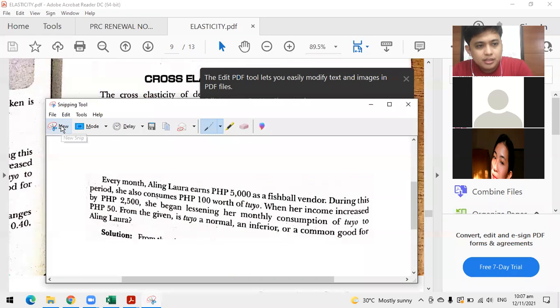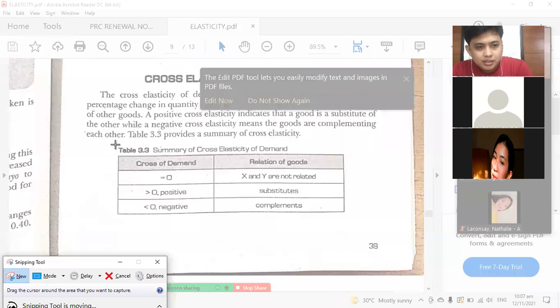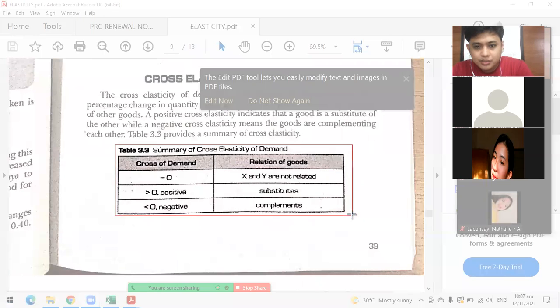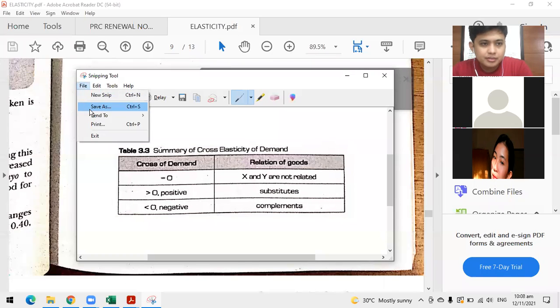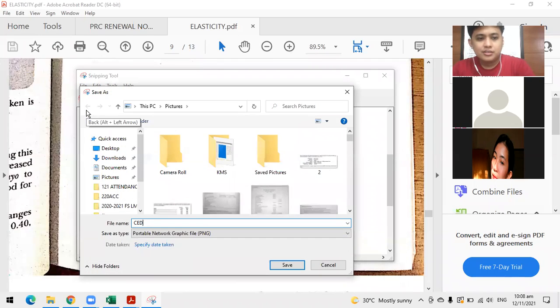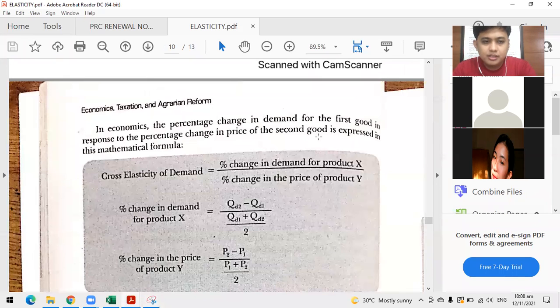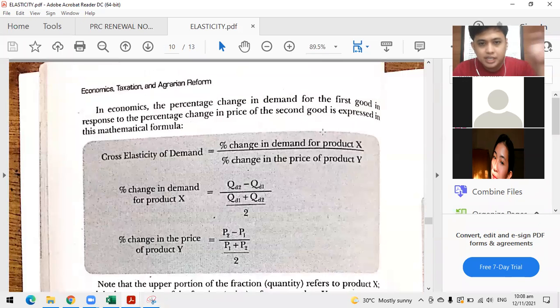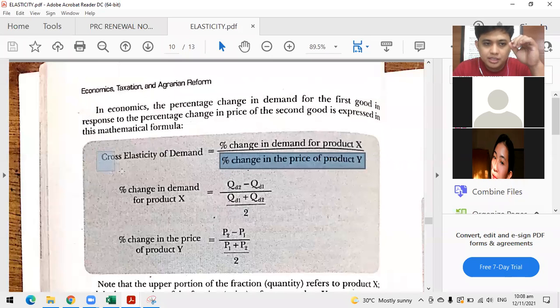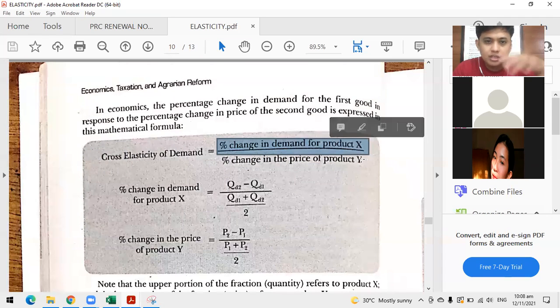So, ito yung kunin natin as a summary. Cross elasticity. So, we have CED for this. Okay. So, yung cross elasticity of demand, the same pa din. Sabi ko nga sa inyo, the same pa rin yung nasa baba. Okay, ang bago lang dito, sabi niya, since cross, ang gagamitin mo, it's the percentage change of the demand of the other product. Diba?